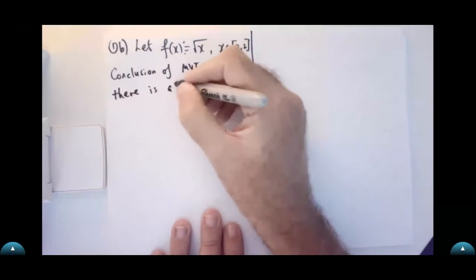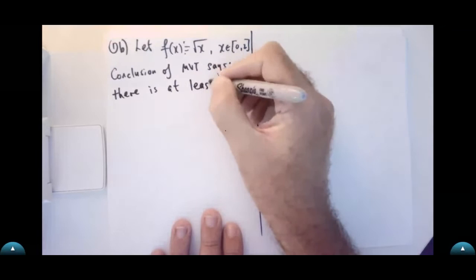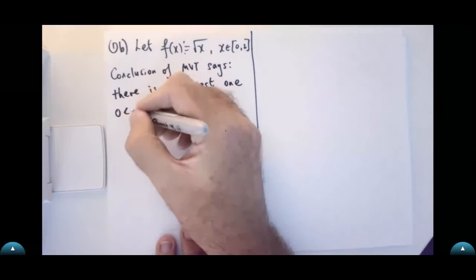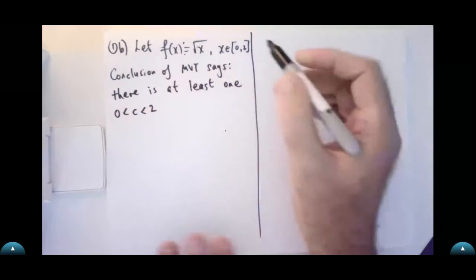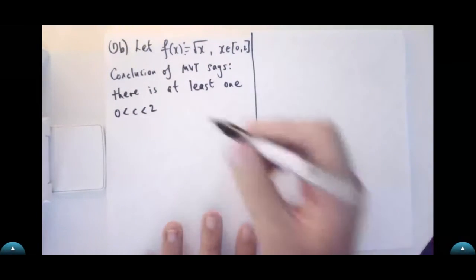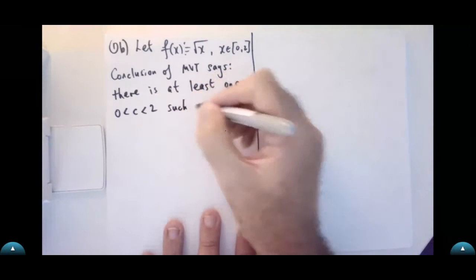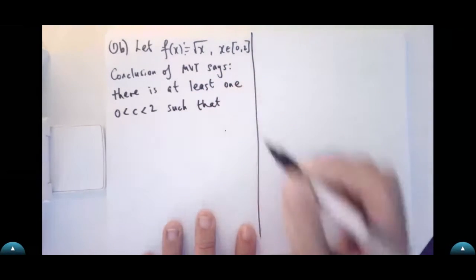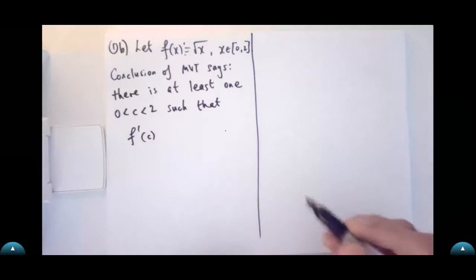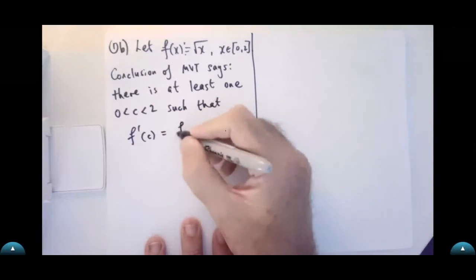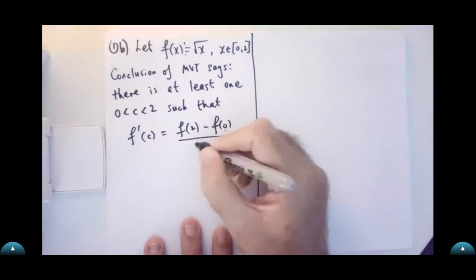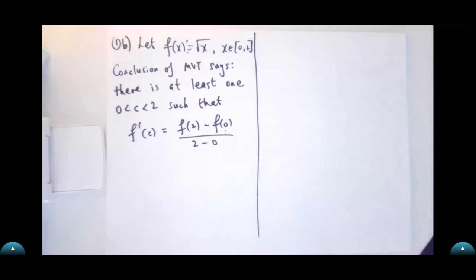There is at least one point C, and it's strictly between 0 and 2, such that the slope of the tangent line is equal to that.